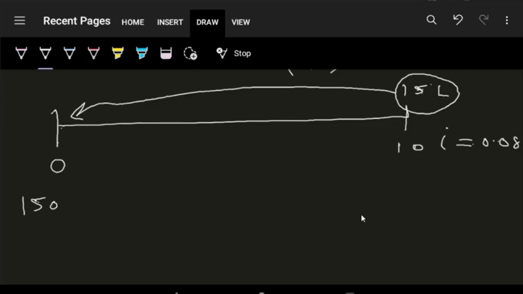So 15 lakh is my amount. I want the present value of that amount at time 0.